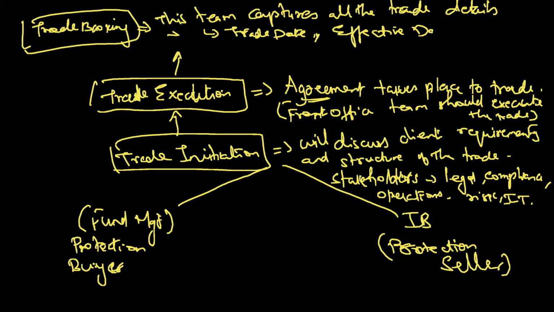Effective date is from where this swap will be applicable. Then maturity date, so how long this swap is in agreement. Payment date, like what is the payment frequency, whether it is yearly, half yearly. All such economic details are captured in the trade booking stage.